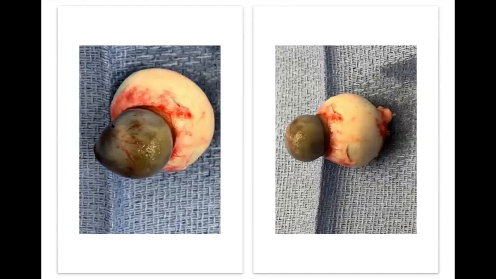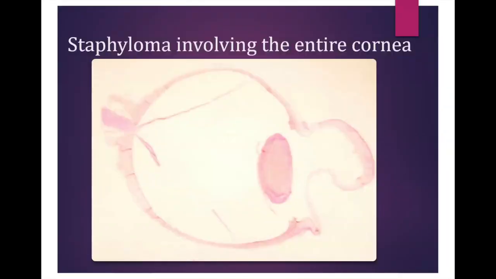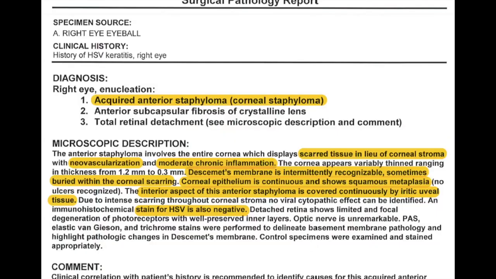So this is how his eye looked at the time of surgery. You can see this anterior staphyloma is pretty big. So this is some pathology slides to share with you. Here is total limbus involvement with total protrusion of your cornea. Here's the pathology report.